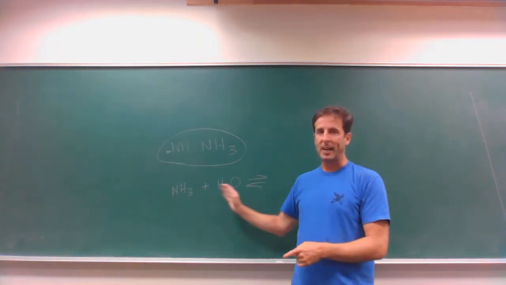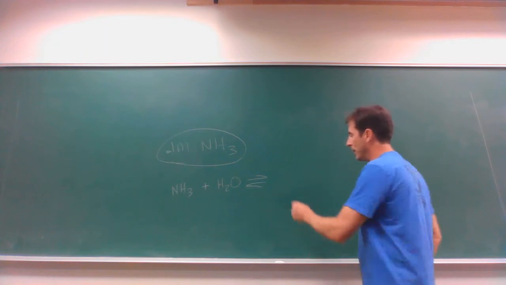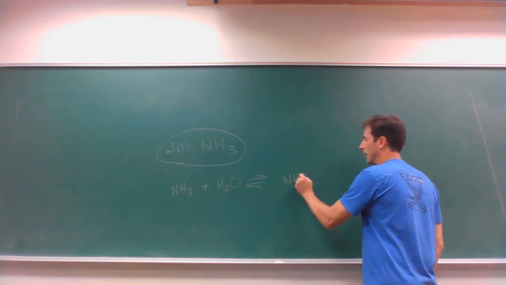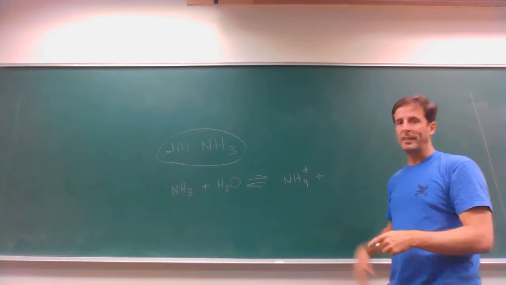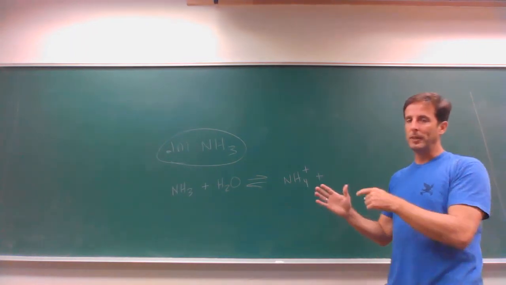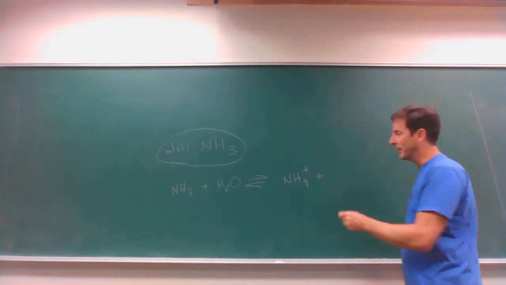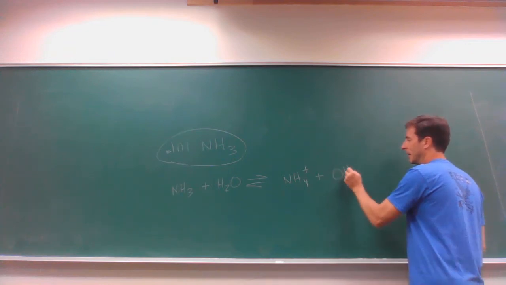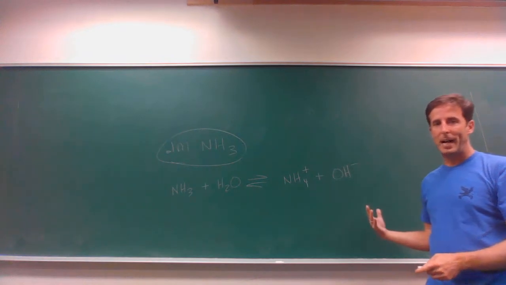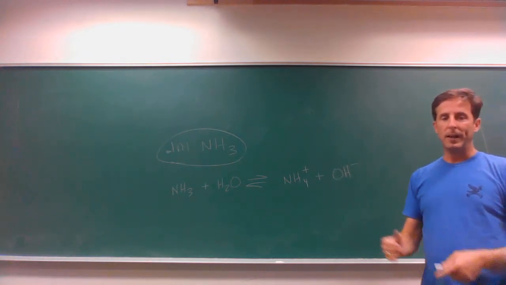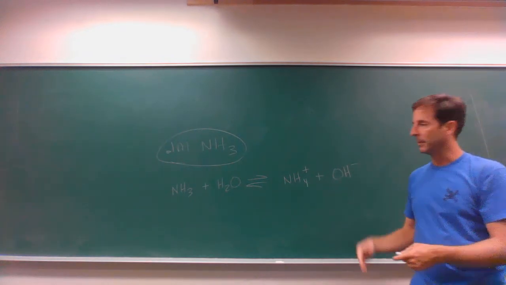It essentially takes a hydrogen from the water molecule to make NH4 plus, and then the water molecule, once it's lost a hydrogen, which it loses the H plus, that leaves a hydroxide behind. So that's my reaction that's going to happen when ammonia is put in water. That's a weak base reaction.